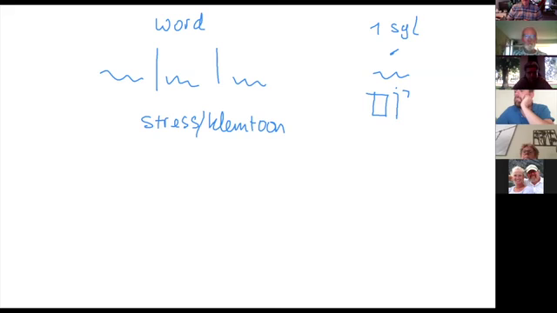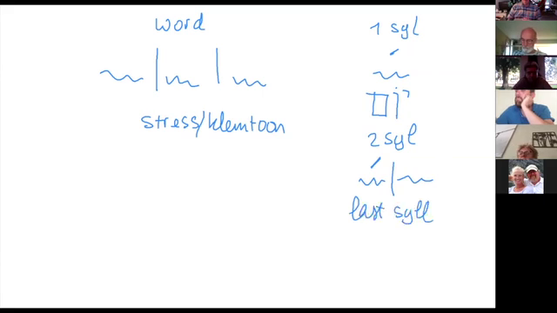When you have two syllables, with a syllable divider over here, normally the stress is on the last syllable. So the first syllable has no stress, and the last syllable has stress.